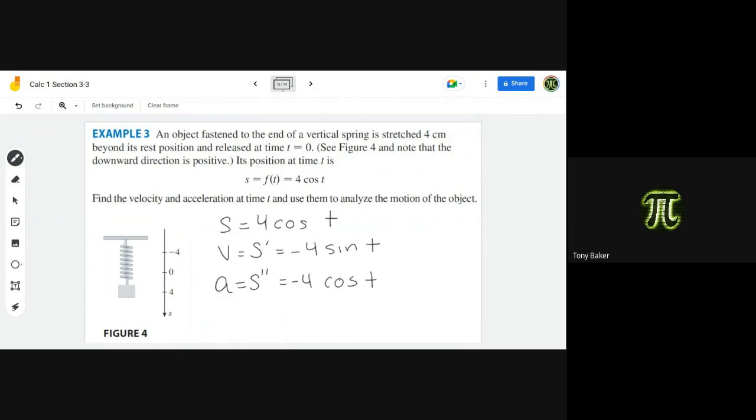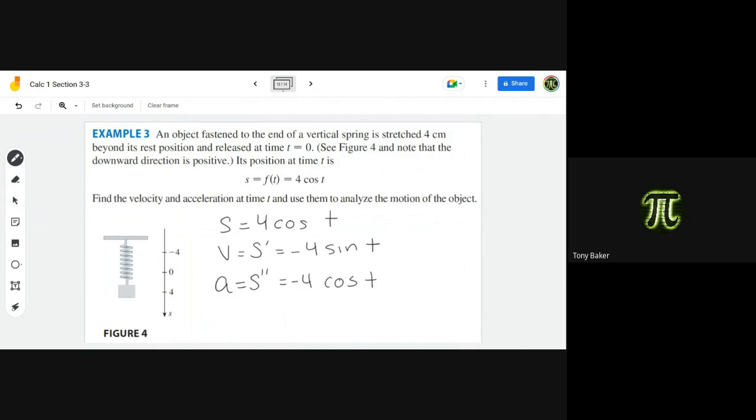So we have these. We can now figure out the maximums and minimums and all this other stuff.